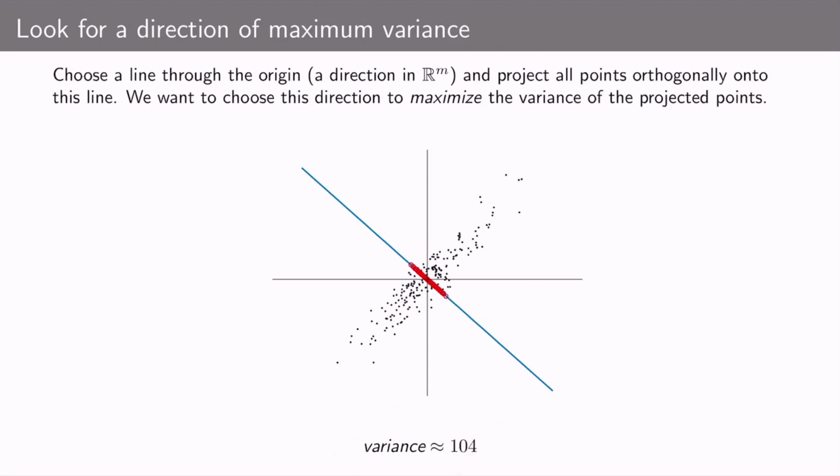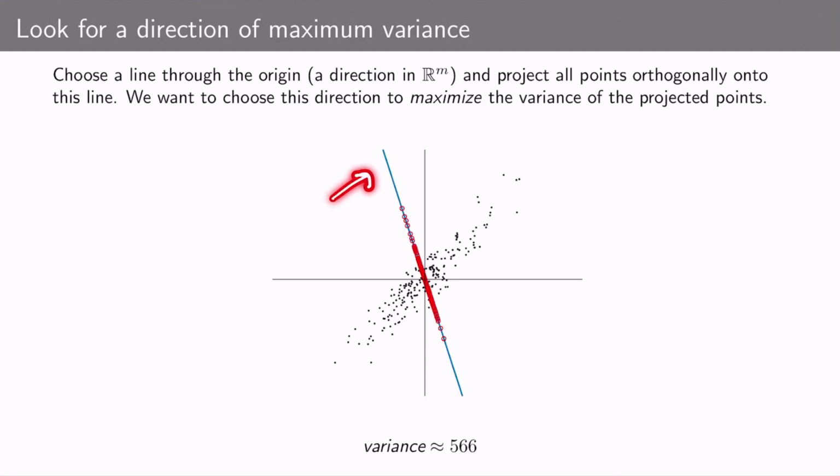Now, let's change the line and see how the variance of the projected points changes. Here I've tilted the line a little bit clockwise. It's clear that the orthogonal projections of these points onto that line give me a collection of red circles which is more spread out than the previous collection. And that's measured by a variance which is larger. I get 566 instead of 104.